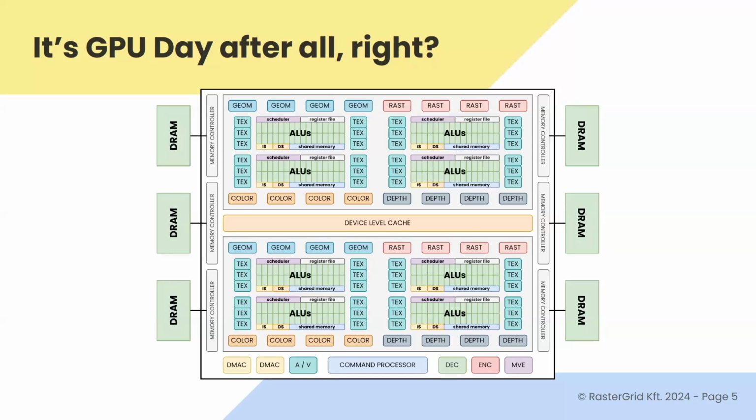So we have all sorts of other hardware here. We have texturing units, geometry engines, rasterization engines, and even special units like DMA controllers, video decoders, encoders, motion vector estimators. All of these are on the GPU, and that's my view of hardware.